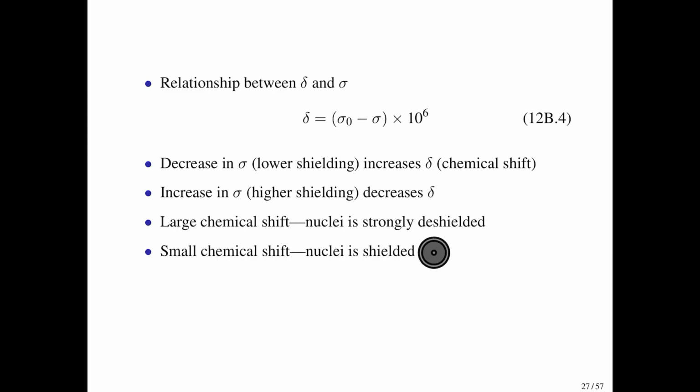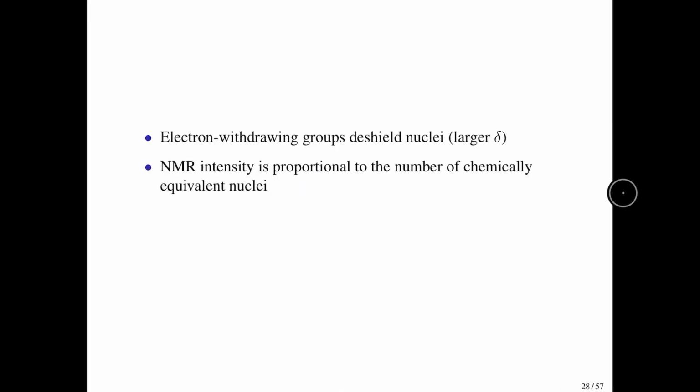If you have a small chemical shift, we say that the nucleus is shielded, relative to the standard at least. Electron withdrawing groups draw electron density away. So let's say you've got a nucleus that's attached to an electron withdrawing group, that tends to pull the electron density away from the nucleus of interest. That ends up deshielding the nucleus, and so that nucleus will undergo resonance at a larger value of the chemical shift.